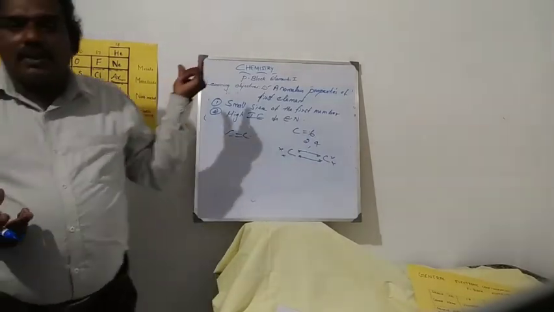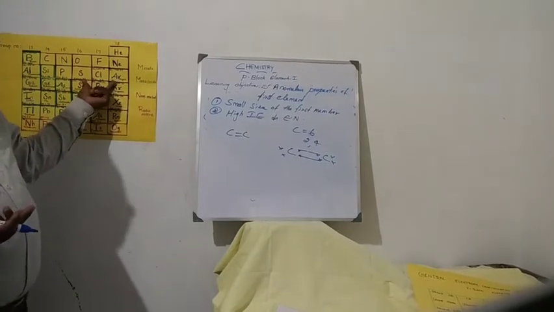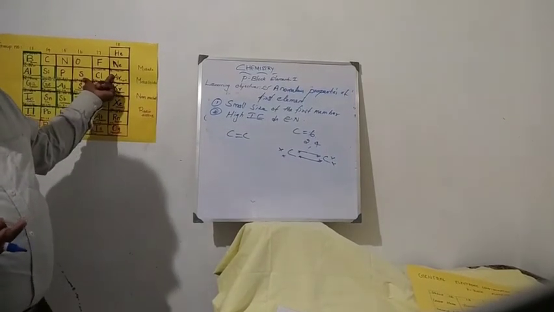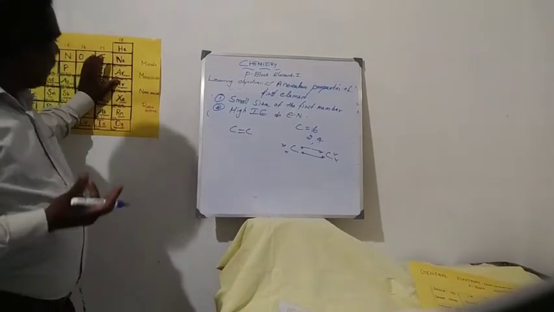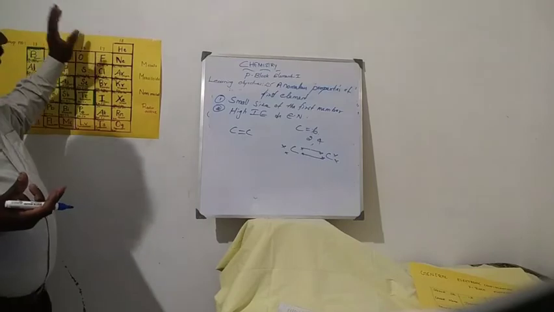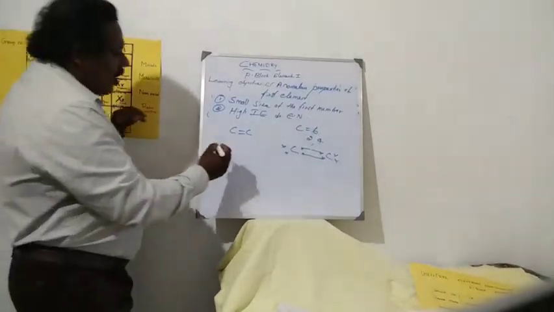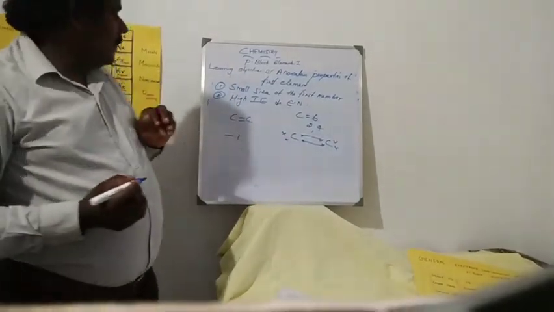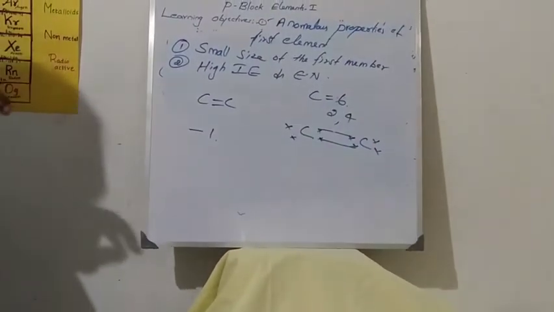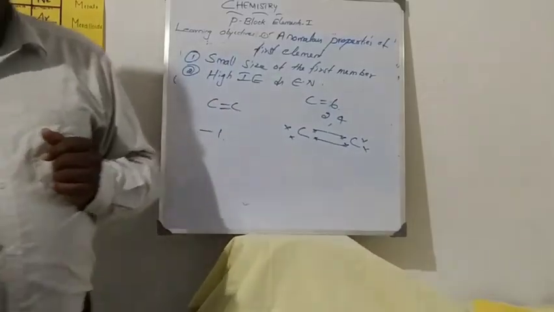It is the strongest oxidizing agent, the most electronegative element, and it has a -1 oxidation state. This is about the anomalous properties of the first element.